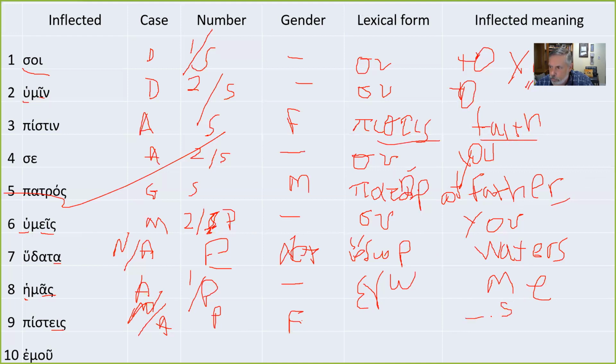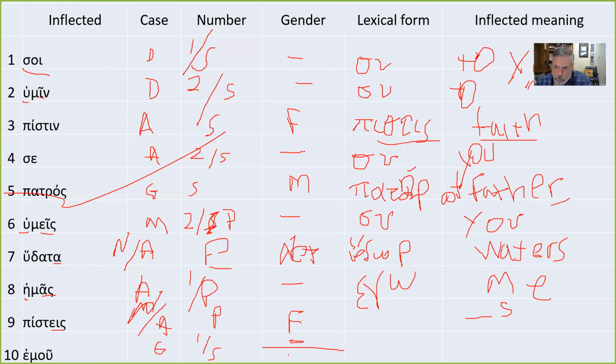Faith, plural. Emu, well, now we have the emphatic with the epsilon. So this actually can be two times. It could be, well, it's genitive. It could be singular. Well, it is singular. It is first person singular. But it can be with no, of course, no gender.